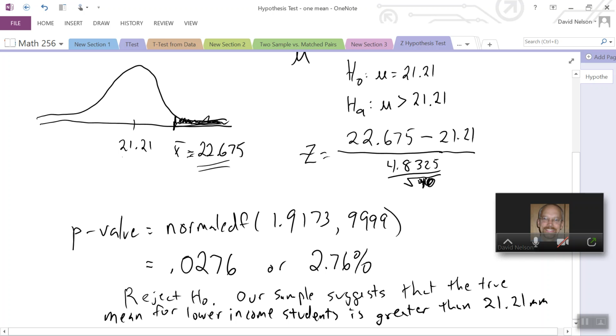So we get a nice statement there, rejecting the null hypothesis. Our p-value here of 2.76% is small. It's smaller than our significance level that we were given of 5%. We've got less than a 5% chance of getting a sample with a mean of 22.675 if the true population mean is 21.21, and so we're going to choose to reject the null hypothesis.